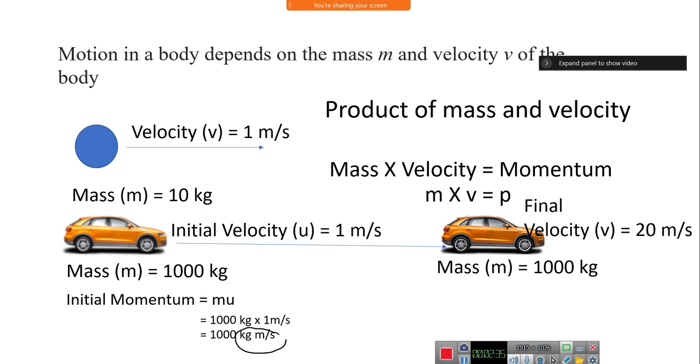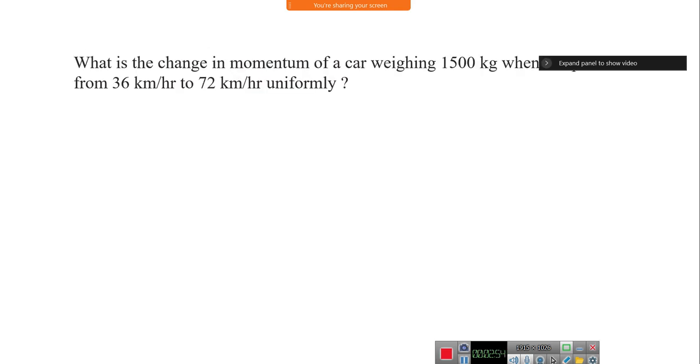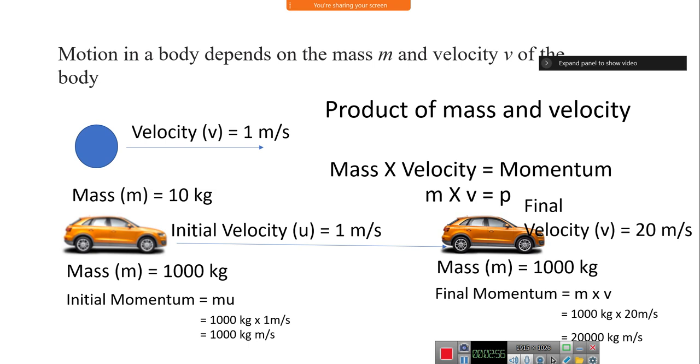The SI unit of momentum is kg meter per second. Right. In the same way, final momentum can be taken as m into final velocity, that is v. So 1000 into 20, that becomes 20,000 kg meter per second. Right.